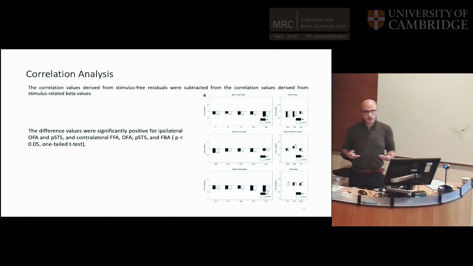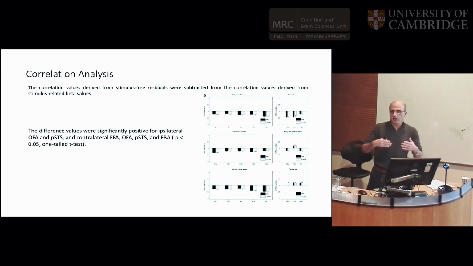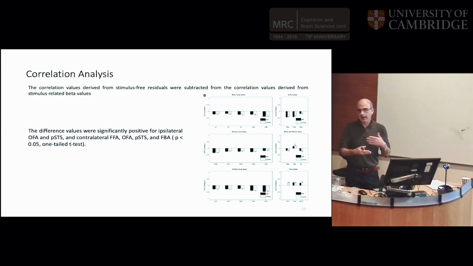So it looks like the presence of the stimulus actually decorrelates the activity between FFA and many areas, and the reason is that the areas get engaged in the processing of the stimuli, and because the areas may have different functions, you would see less correlation of the activity.